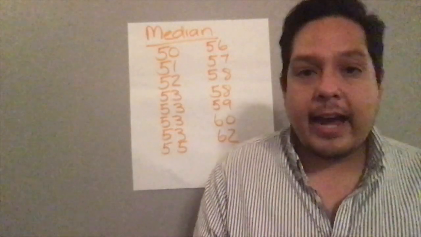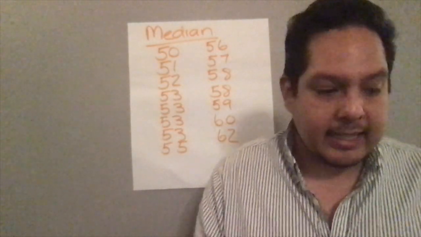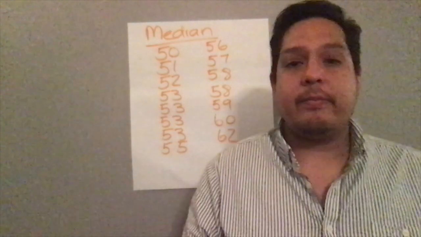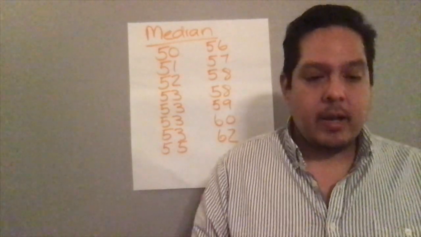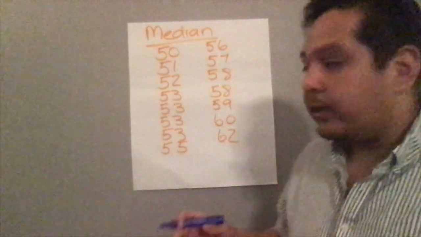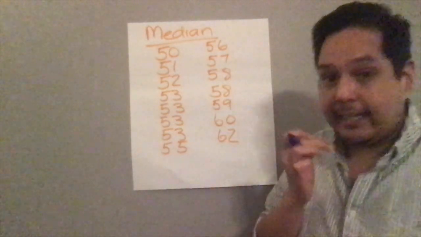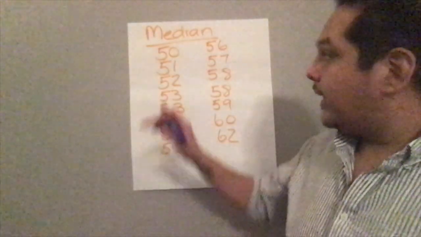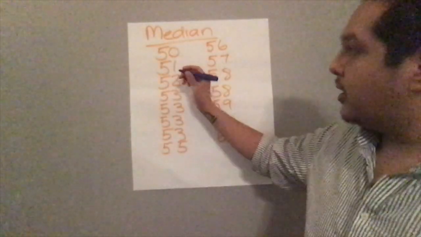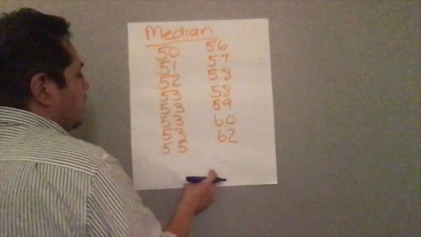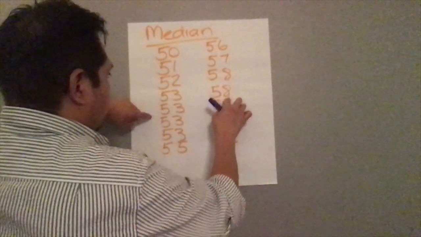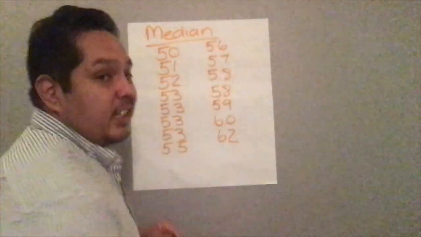So now to find my median, I need to find the number that is right in the middle of my list. So to do that, you can do it however you'd like, but I'm going to show you this quick trick that I like using. Okay? I like to start on either end of my list and just start crossing them out so I get to my middle. Okay? You can also just count, but sometimes I get distracted and I lose count.